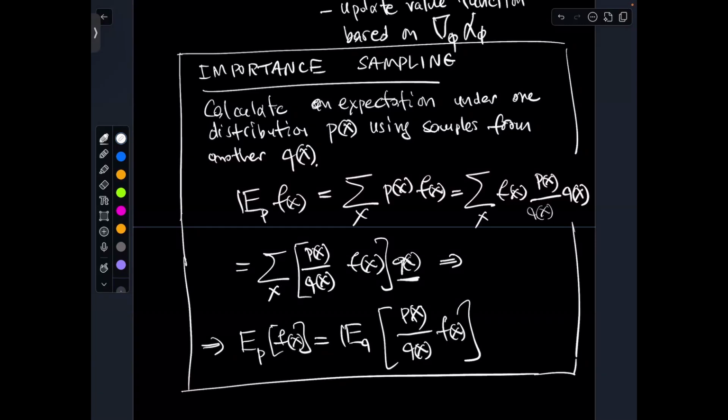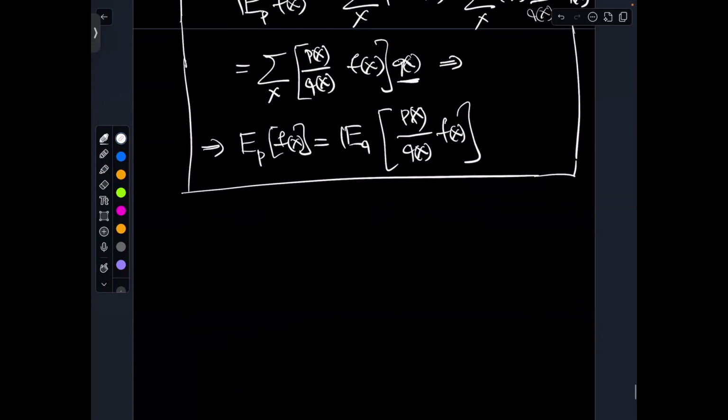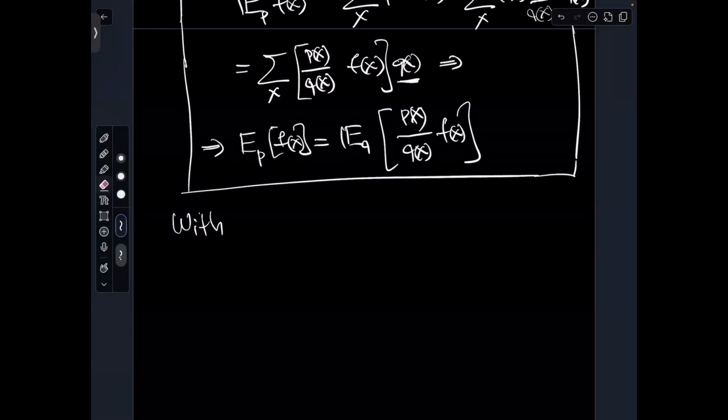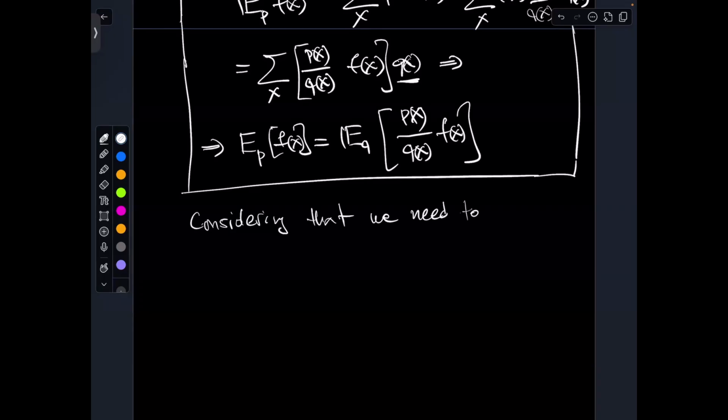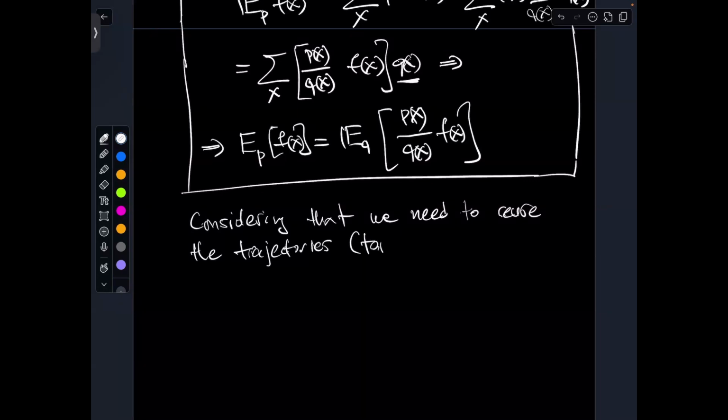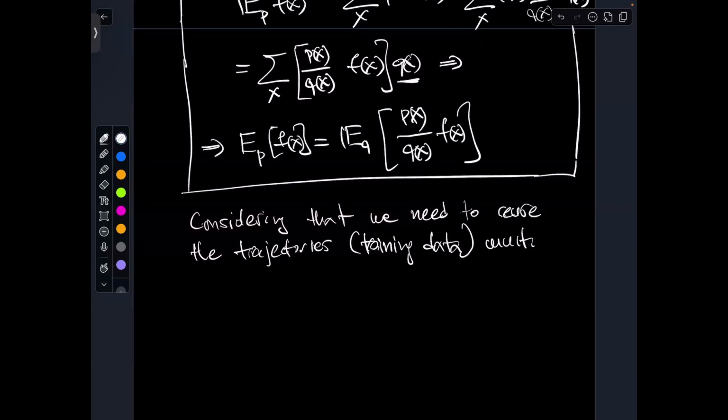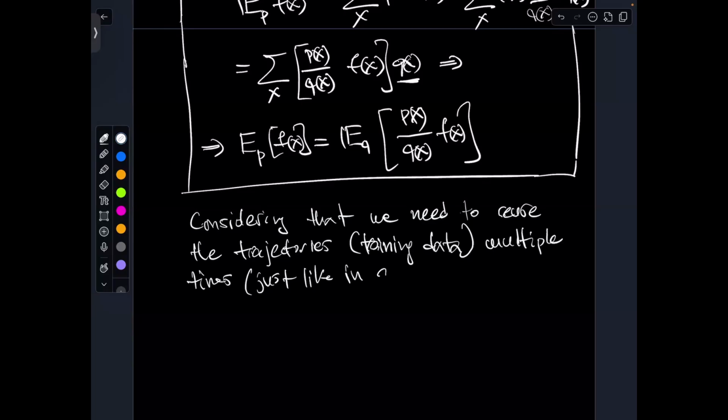And so effectively, what we have in the L of theta, with this in mind, considering that we need to reuse the trajectories, training data, multiple times, just like in supervised learning.